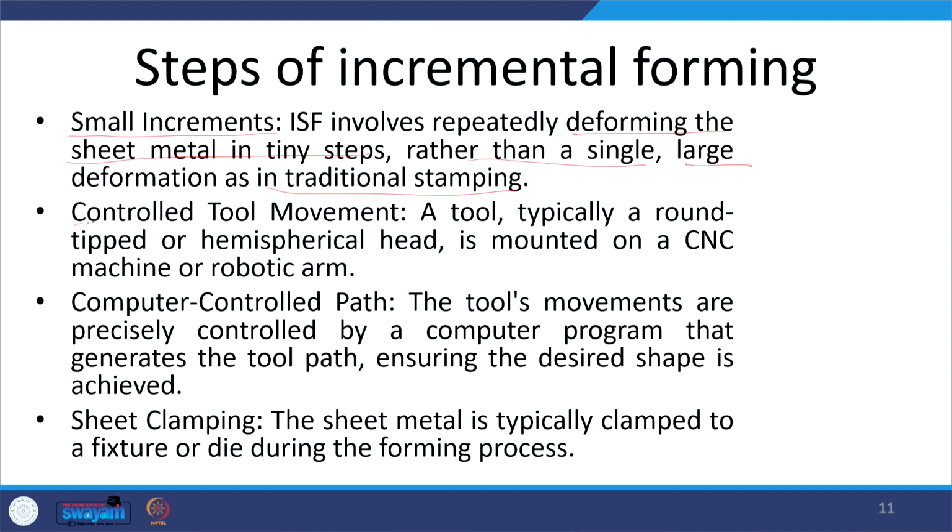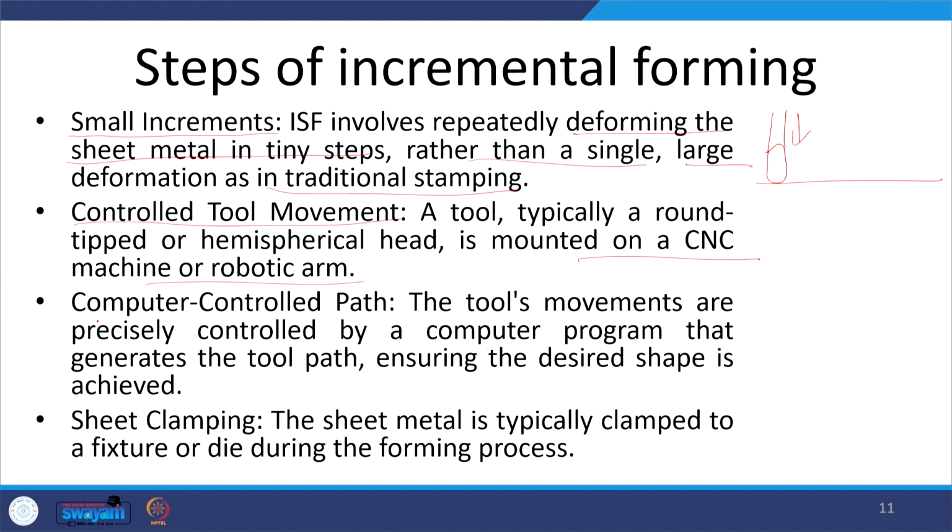Okay, and the tool movement is done in a controlled way. The tool will be working here initially, and once this location is deformed, the tool location will be changed. The tool movement is typically realized with the help of CNC or a robotic arm, and the tool is a round tipped or spherical shaped tool.